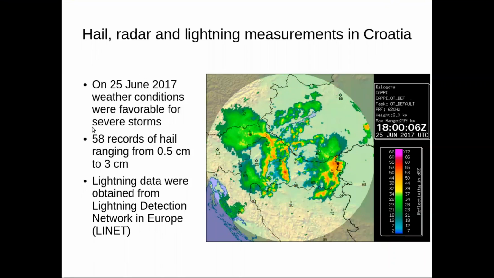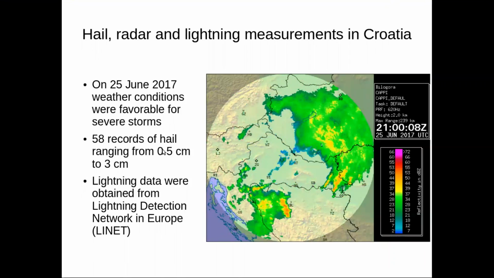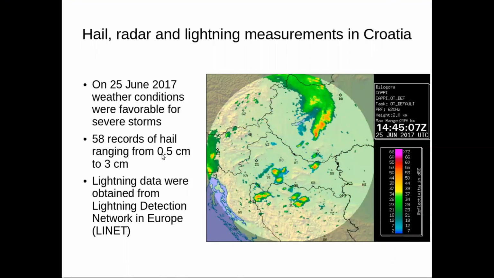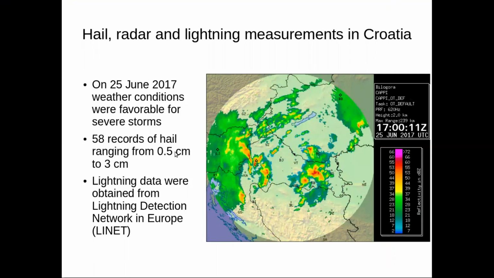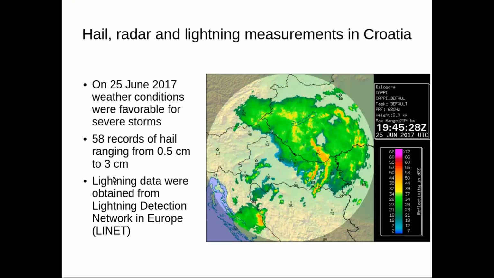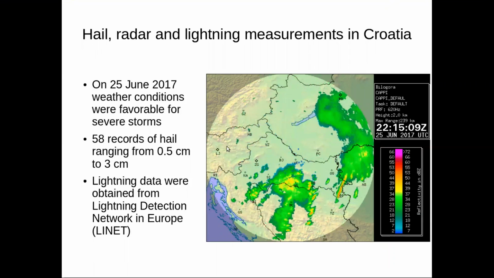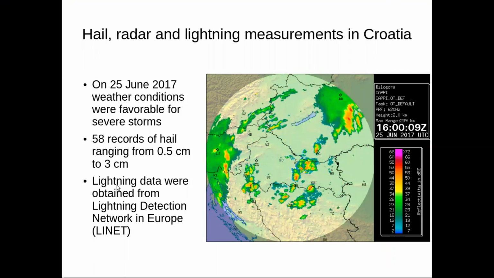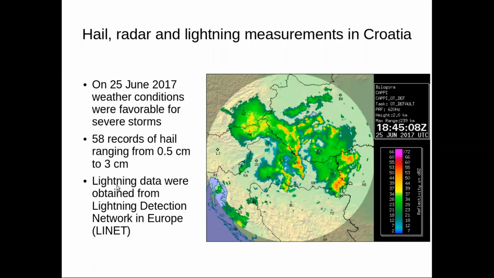Actually, 58 records of hail were reported from the national hailpad network, ranging from 5 millimeters to 3 centimeters in diameter.